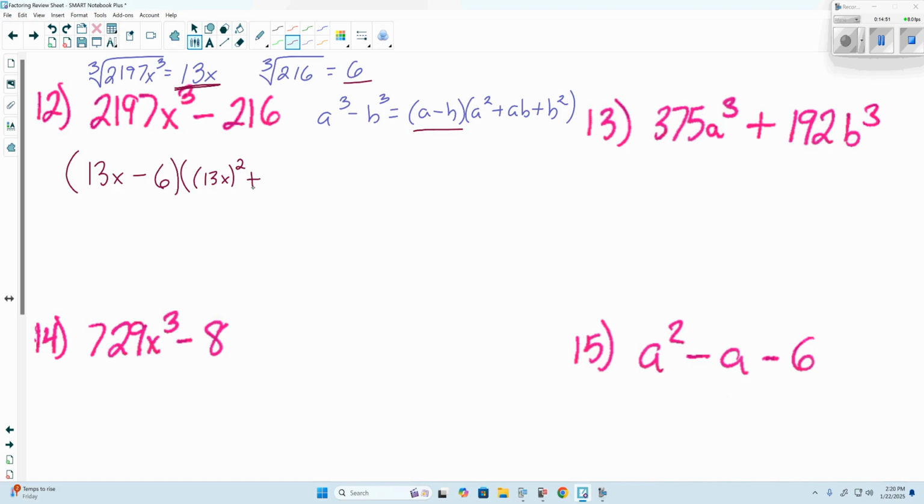Plus, we have a times b. So 13x times 6. Plus b squared, which would be 6 squared. Because our a squared, b squared, we're taking that whole term and squaring it.